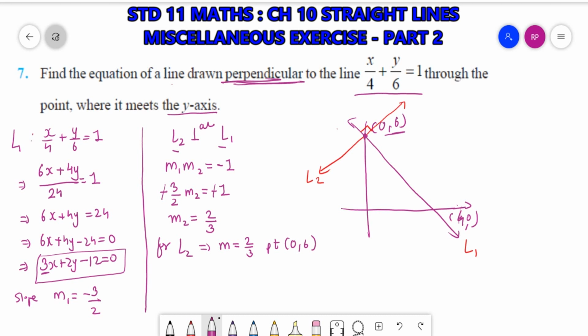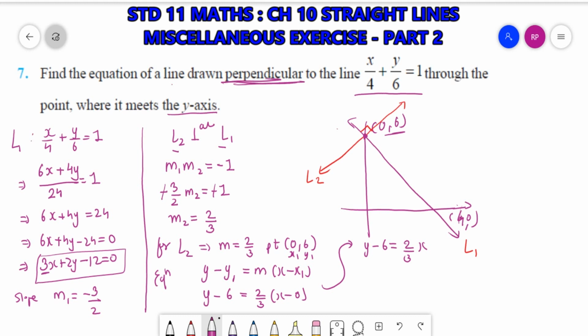So let's use the slope point form, that is y minus y1 equal to m into x minus x1. This point will be (x1, y1). So y minus 6 equals m, that is 2 by 3, into x minus 0. Simplifying, y minus 6 equal to 2 by 3 x.